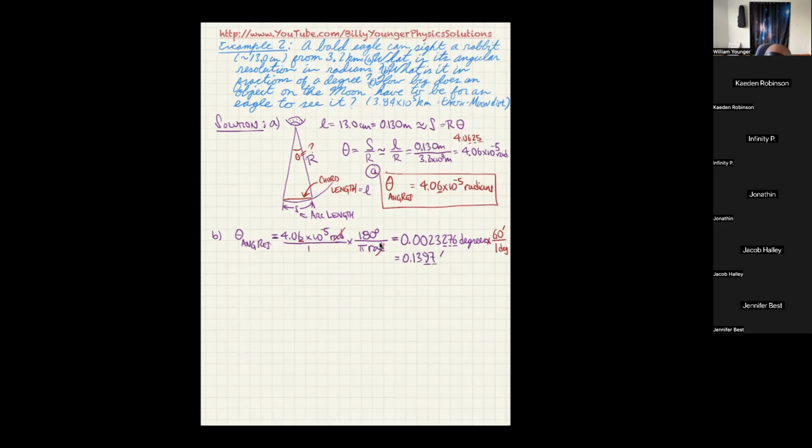That's still not necessarily very good, so I'm going to say times 1 arc minute is equal to 60 arc seconds. So I can multiply this by 60 again, and this gives me 8.37. I should call this 8.380. So this is 8.380. Sorry about that.